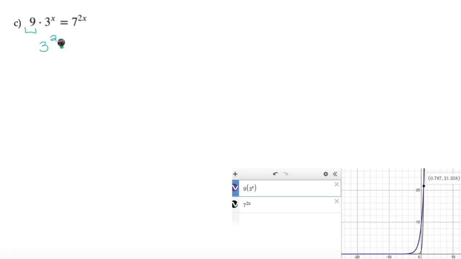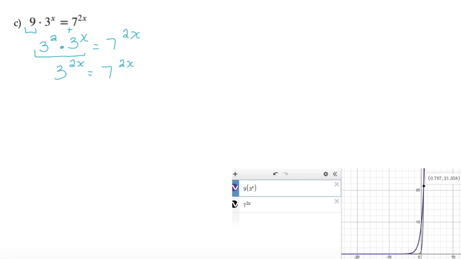So now I'll have 3 squared times 3 to the power of x is equal to 7 to the power of 2x. When we multiply the same bases, remember, one of our rules is that we can add the exponents.